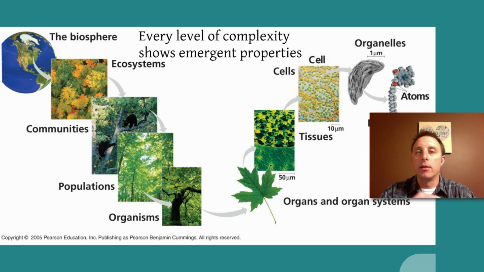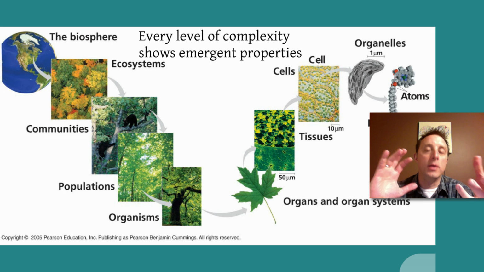And those new properties are what we call emergent properties. So if we look down at the smallest level here, at the atom, right? So we have all of these carbon and hydrogen and oxygen atoms, and they all have certain characteristics, but when we put them together in just the right way, we get a molecule, and that molecule has very important, unique properties that were not apparent at the atomic level.